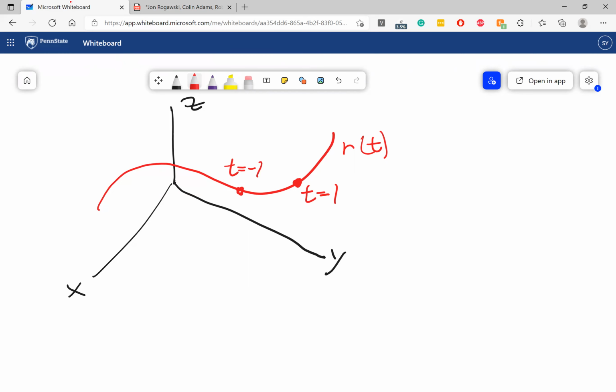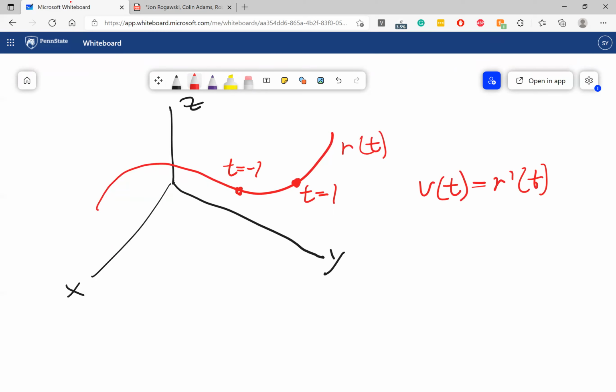Well, then you can find the velocity of the particle. So v of t will be the velocity of this particle at every point, and that will be r prime of t. That gives you this vector that we were describing. Over here, it gives you some vector, and the length of this vector will tell you how quickly you are moving.